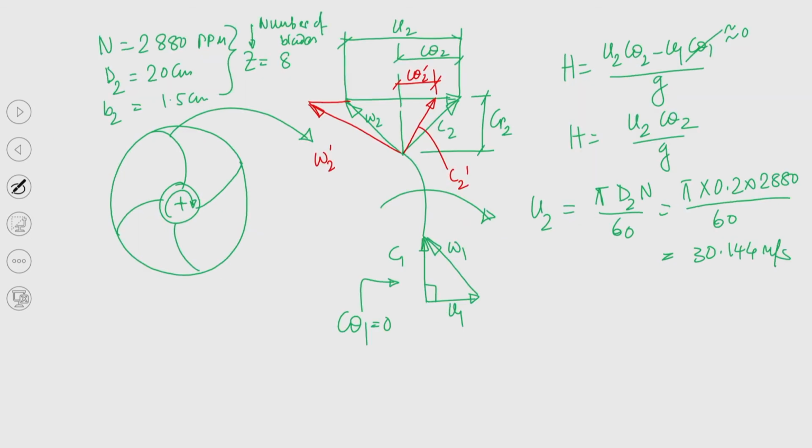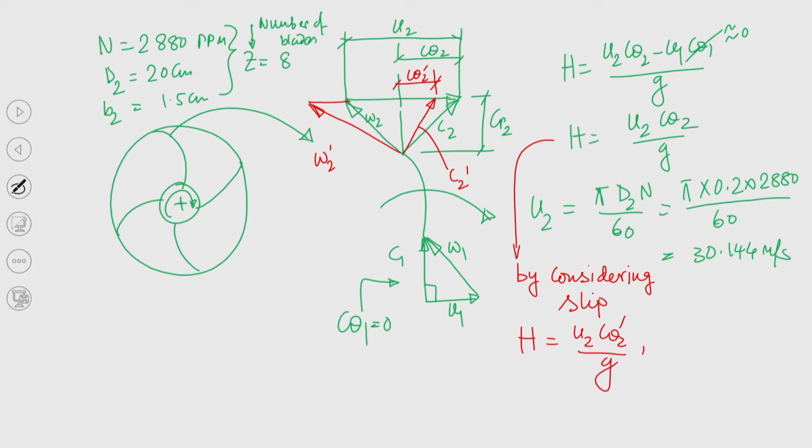Okay. So, now this is fine. Now, by considering slip, we can write H equal to U2 C theta 2 prime by g, where C theta 2 prime equal to C theta 2 minus Vs, and this Vs equal to slip velocity.